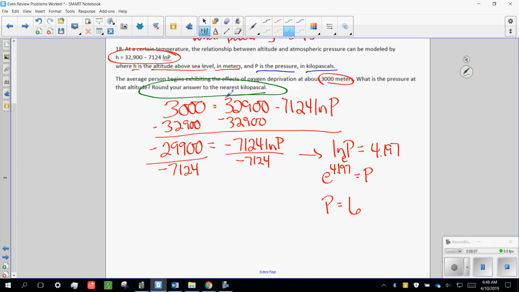So it's 66.49. If I'm rounding that to the nearest kilopascal, I'll have to round it down to 66. 66 kilopascals. Stop there. Another video will start with number 20.